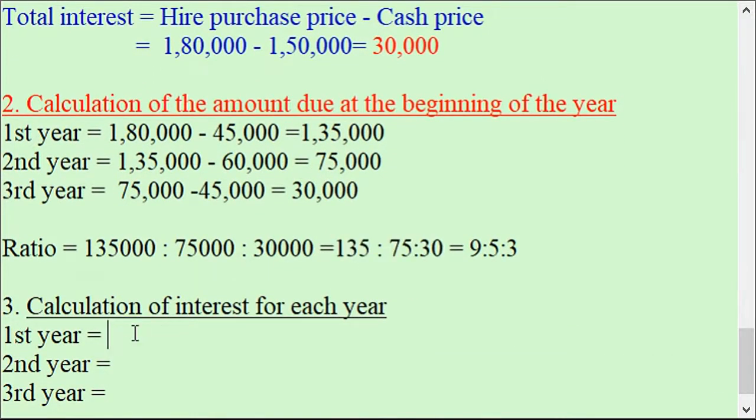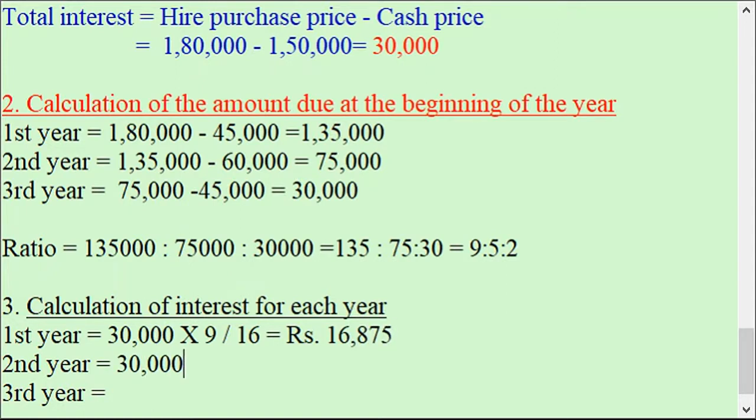So first year interest is 30,000 into 9, it's 9, 5, 2. 9 is for first year, 5 second year and 2 third year. So 9 divided by 16, rupees 16,875.